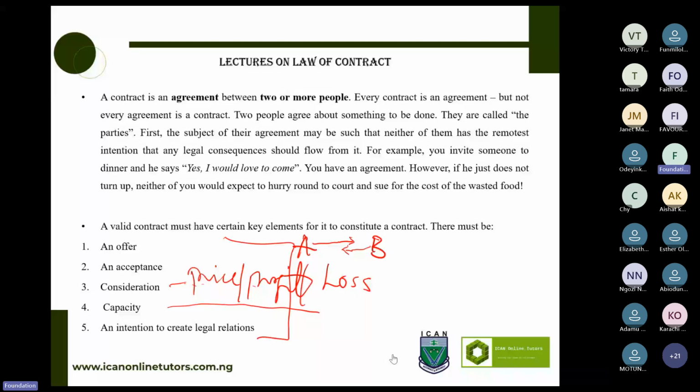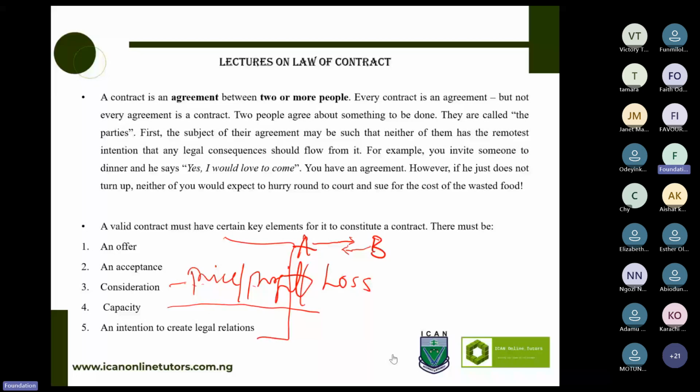For the guy to come and meet me to say, let's do business together, you know that when it comes to competency, the guy is there. He's reasoning like an adult. But the only thing that has constrained him or her is that capability. That person is a minor. So a minor cannot enter into a valid contract except certain contracts. We will get there when we are looking at it in full detail.